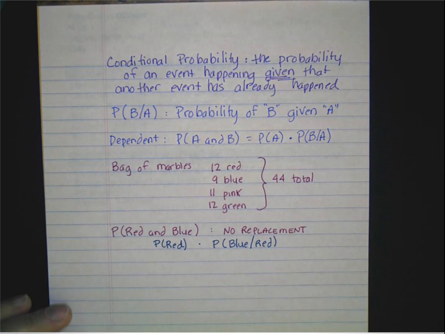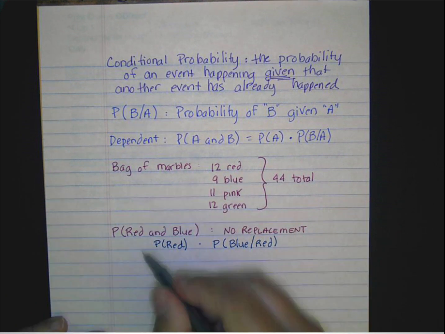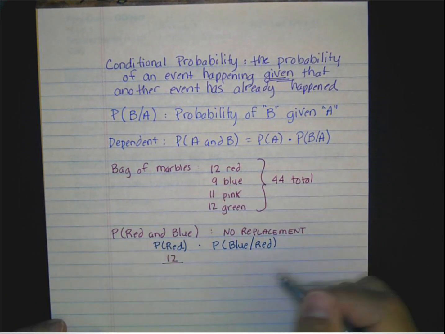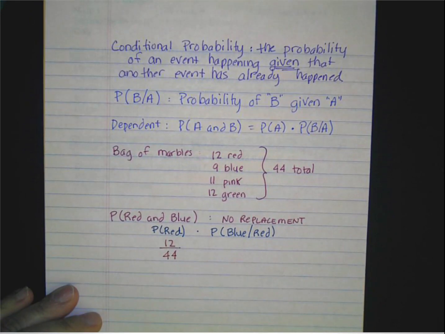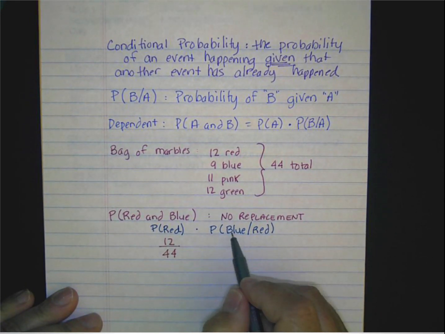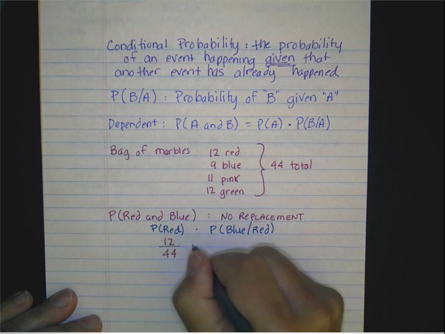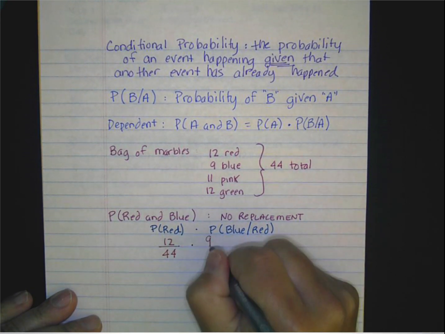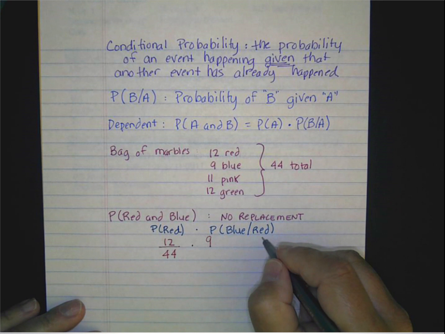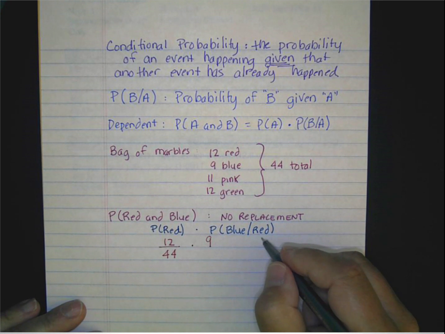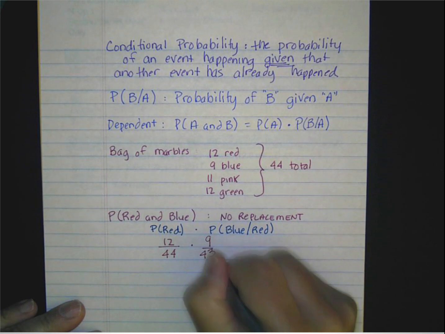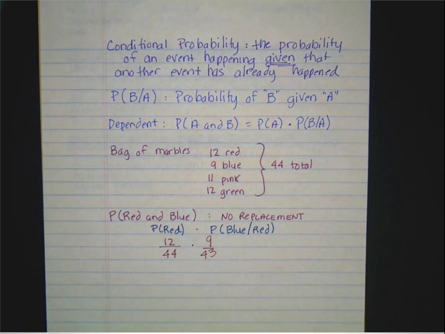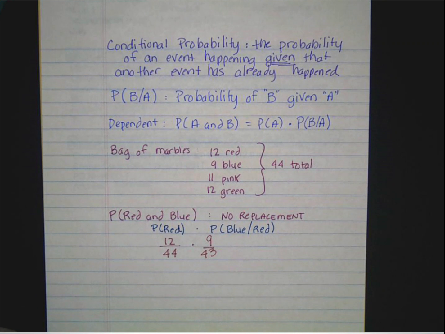So the probability of getting a red: there's 12 red out of a total of 44. Now the probability of getting a blue given that you've already got the red: there's still 9 blue, but given that I pulled out a red and did not put it back, there are now only how many marbles? 43. That is correct. That was easy.